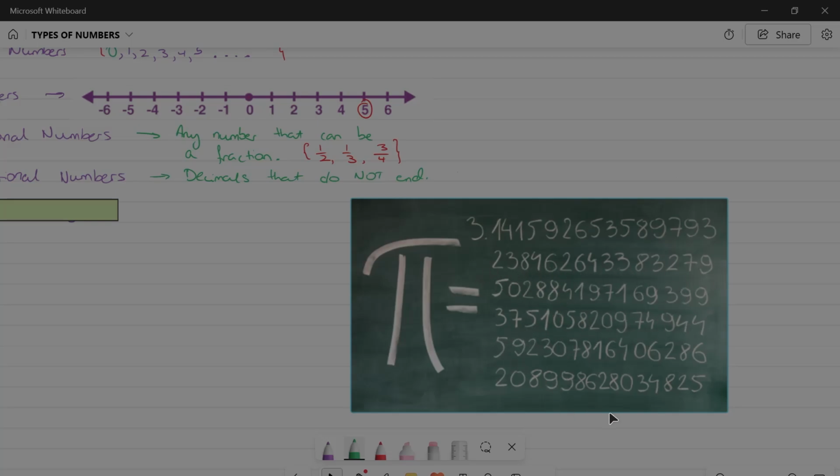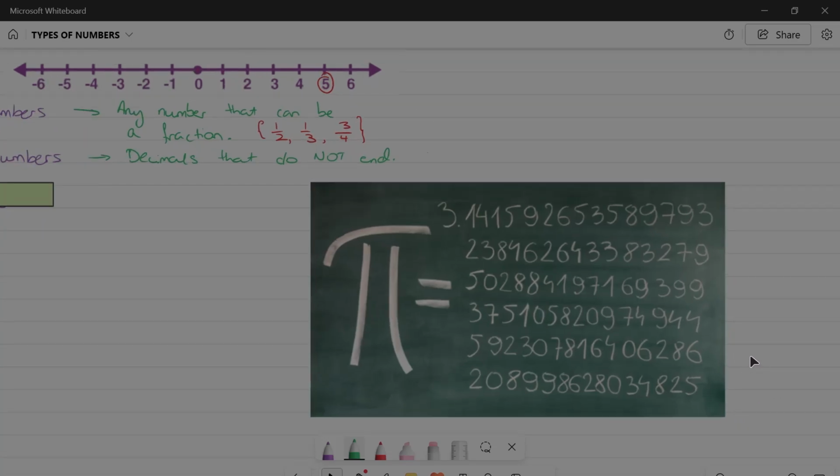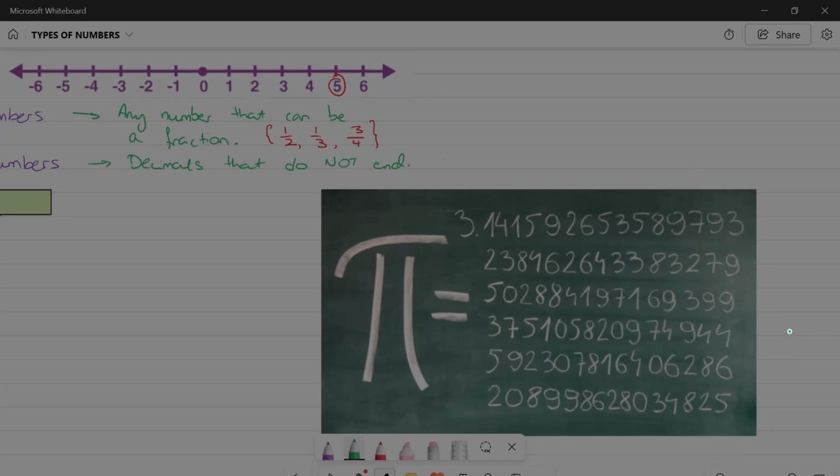Anytime we have a decimal number that does not end, like pi, or another example, the square root of 2. If we put this into our calculator, we get a number similar to pi, a decimal that does not end.